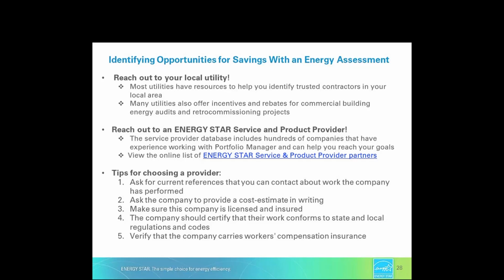We also encourage reaching out to an Energy Star service and product provider, a category of Energy Star partners that have demonstrated that they are using Energy Star tools and resources, specifically Portfolio Manager, to help their customers achieve energy savings. Most utilities offer resources to help you identify a contractor who can perform the services you are interested in, and many utilities offer incentives for audits and retro-commissioning.